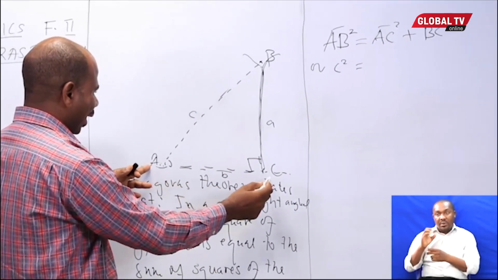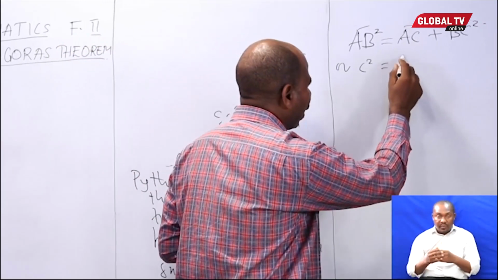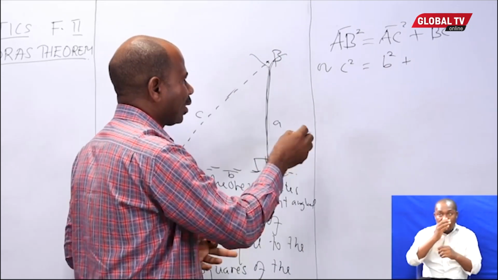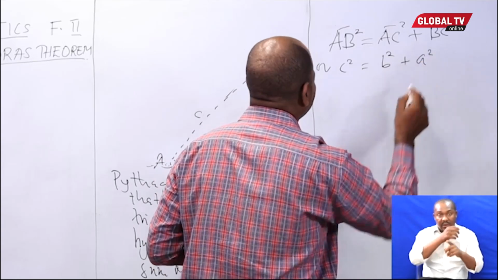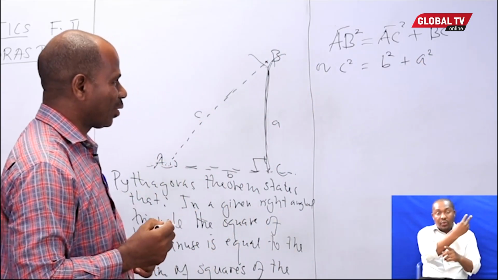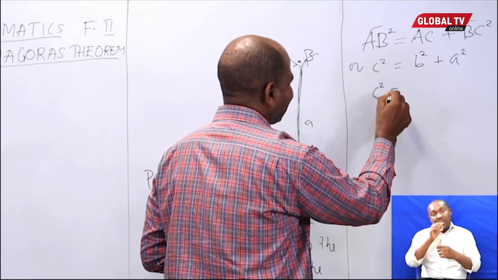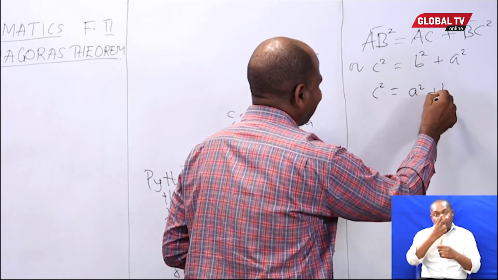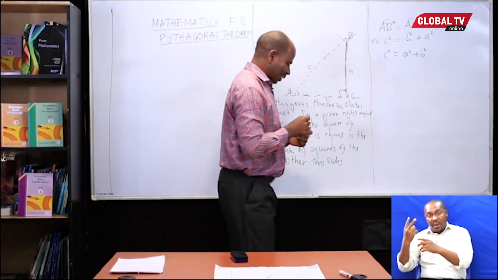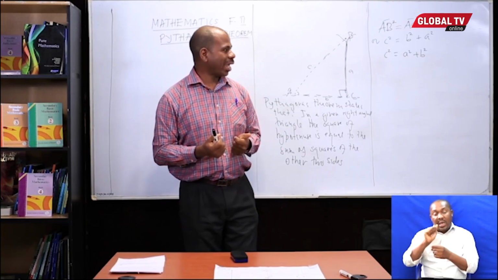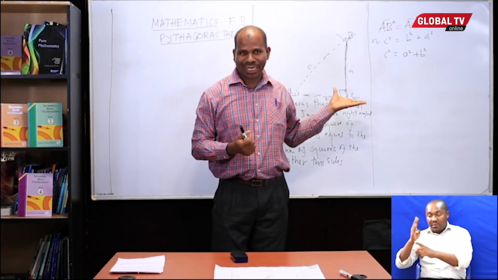AC, where AC is b square, plus BC, where BC is a square. So c square is equal to b square plus a square, or c square is equal to a square plus b square.